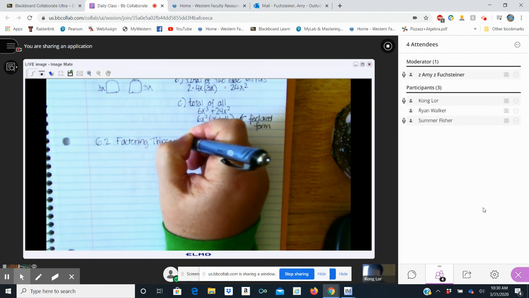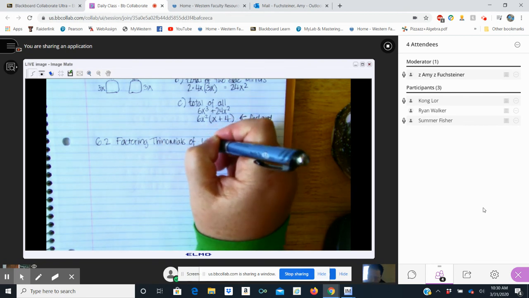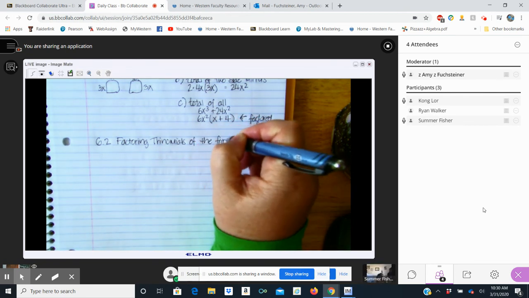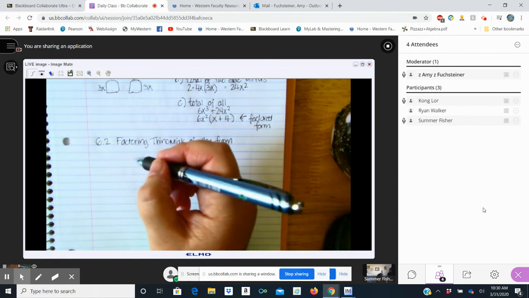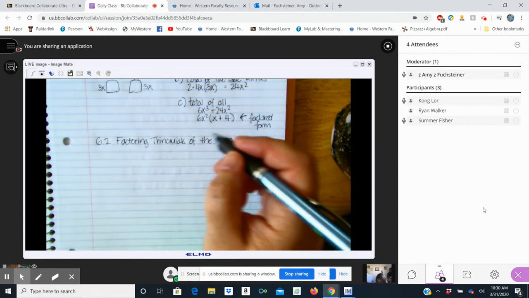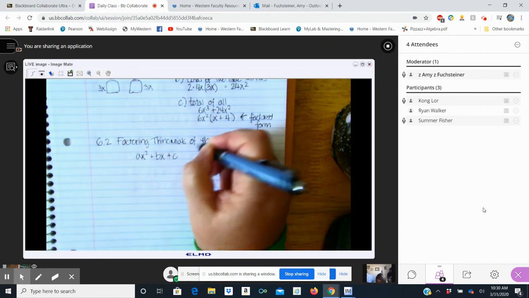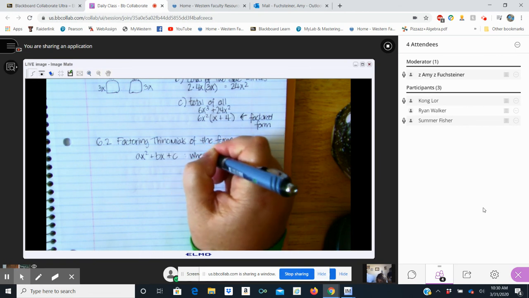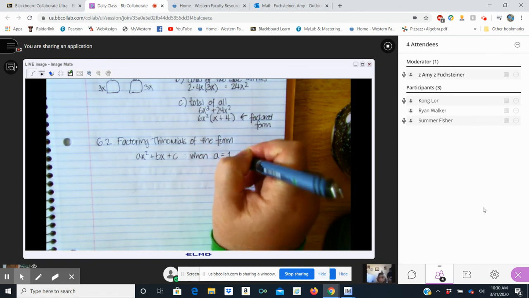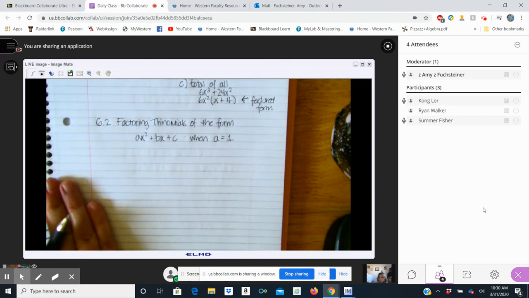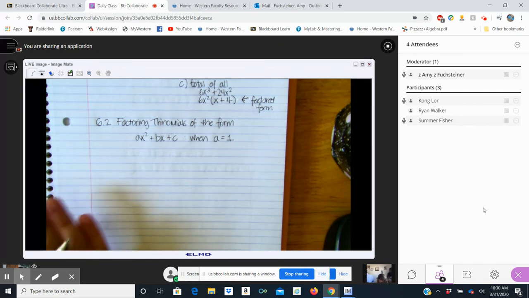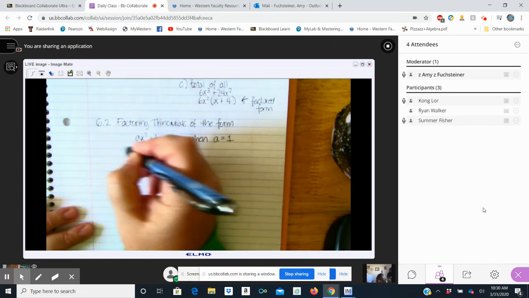And we're working on factoring trinomials of the form ax squared plus bx plus c when our a is equal to 1.